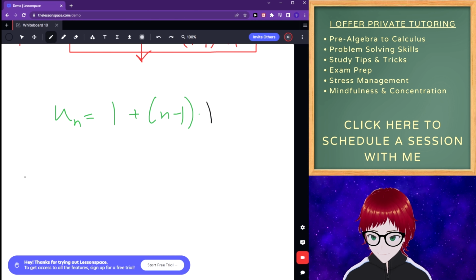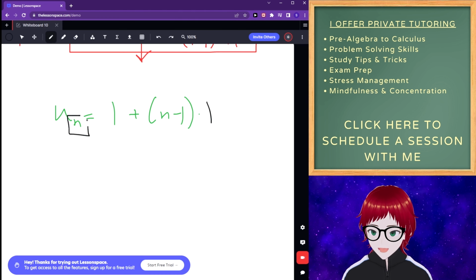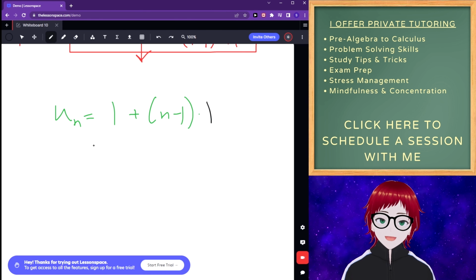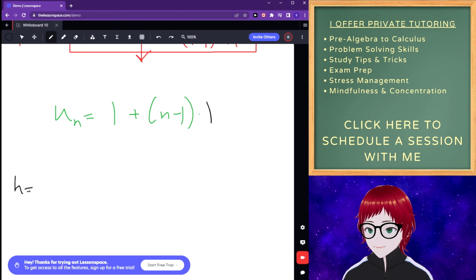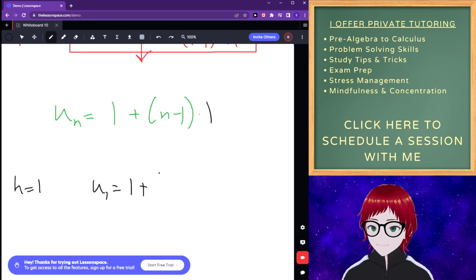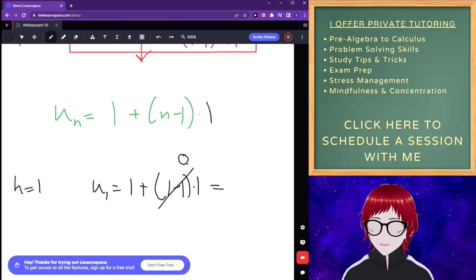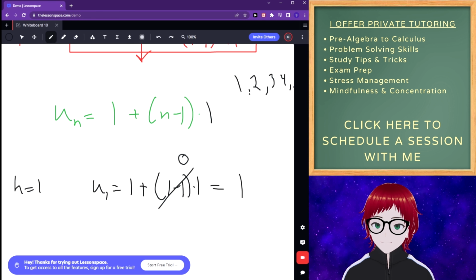And so now if we check every single value of n, really this is a question of you plug in a value of n, and then you get the corresponding term in the sequence. So if I say n equals 1, I'm going to get u1 equals 1 plus 1 minus 1 times 1. Really, this equals 0, so then u1 is equal to 1, and that's what I expect, right? Because my sequence of interest is something like 1, 2, 3, 4, etc.